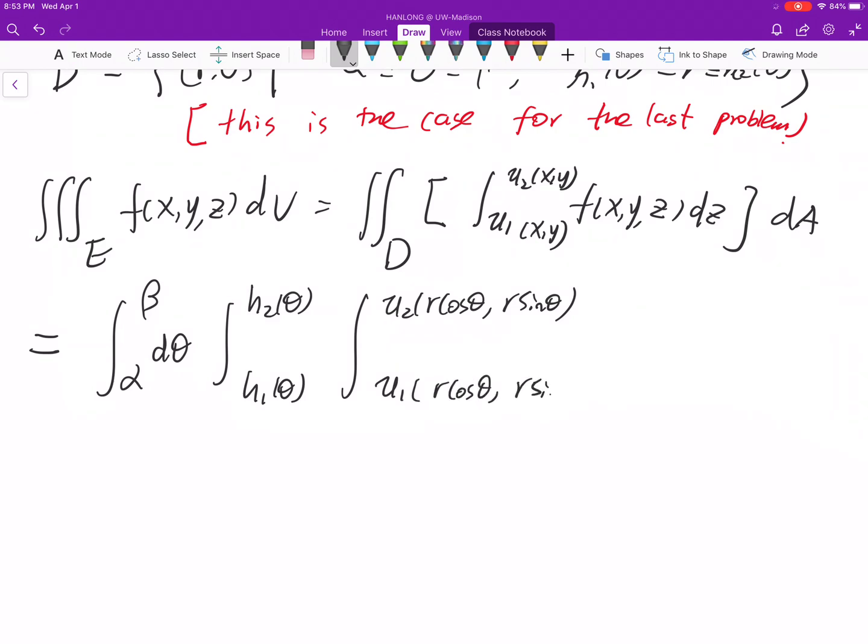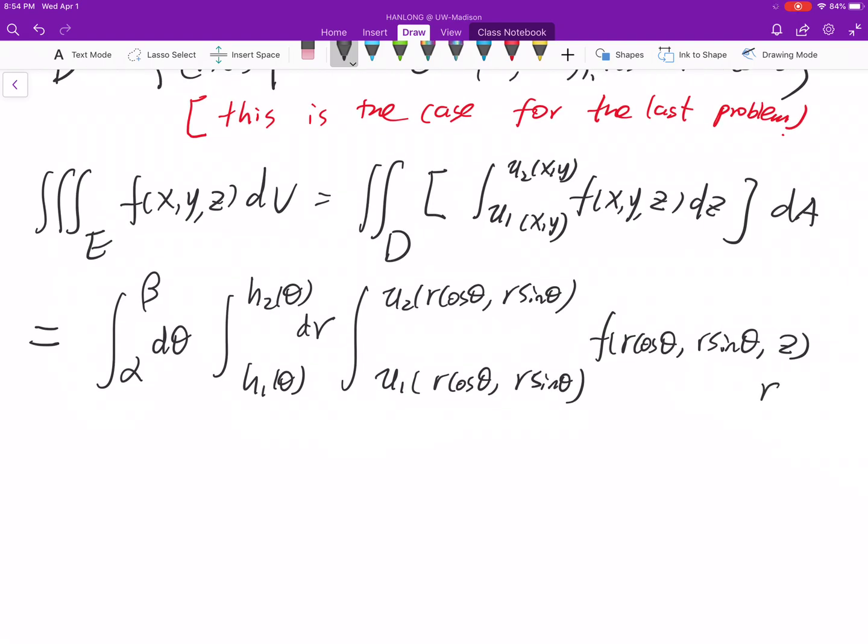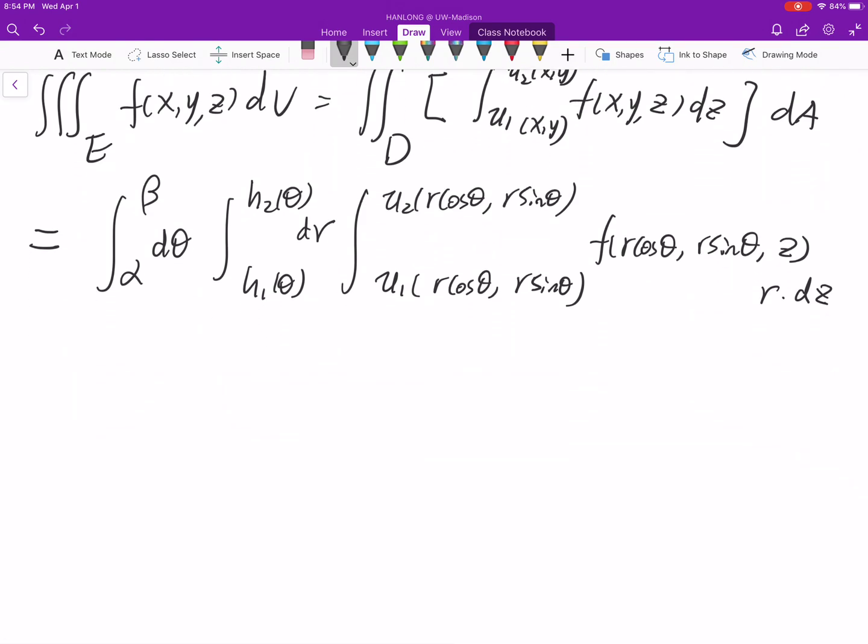Of course, you need to do the substitution. f(r cosine theta, r sine theta, z). And here usually if you are familiar with this, then you can write what I did here, and then you have r dz. But if you are not so familiar, I suggest you use the following formula. They're the same, but the key point is don't forget the extra factor r here.